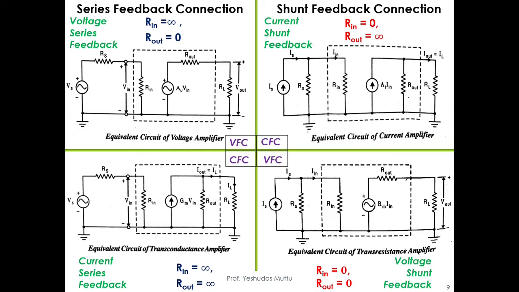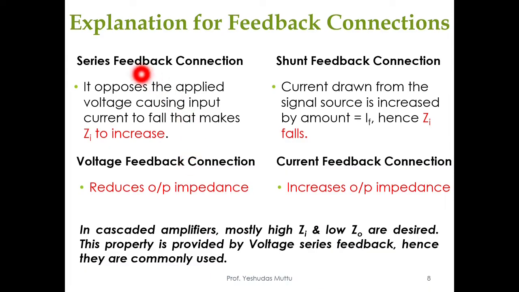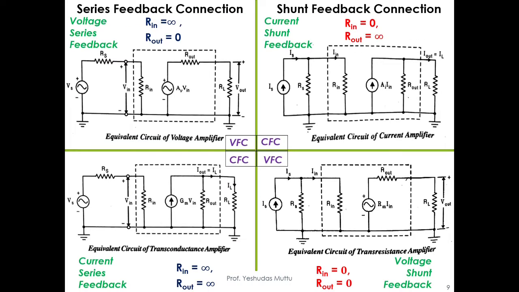Now, the very fact that it is a series feedback configuration, what have we seen over here? In case of series feedback connection, the input impedance will increase. We had already seen this before in case of the transconductance amplifier. Let's have a look at this Rin. Rin is infinity. So it's true that the input impedance increases. Now, the current feedback connection tries to increase the output impedance.